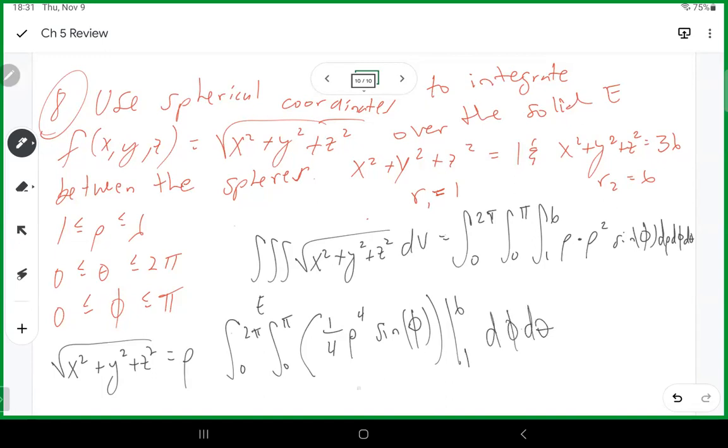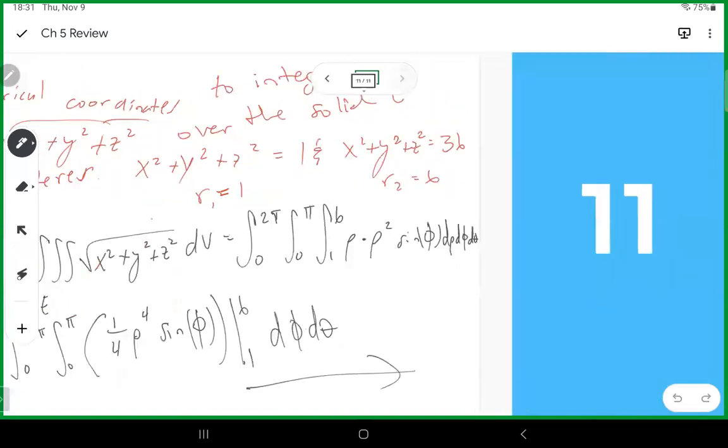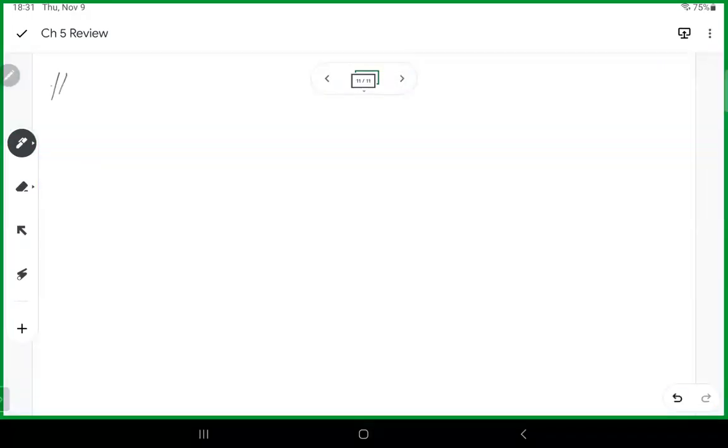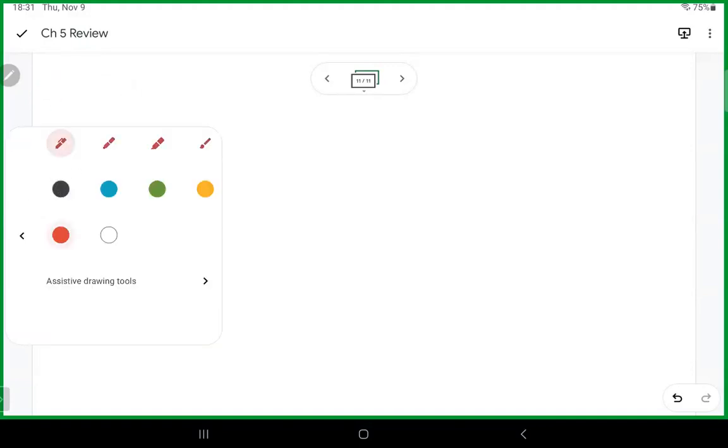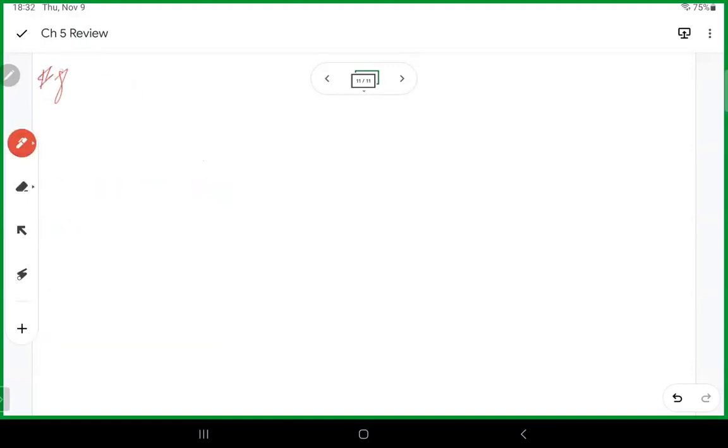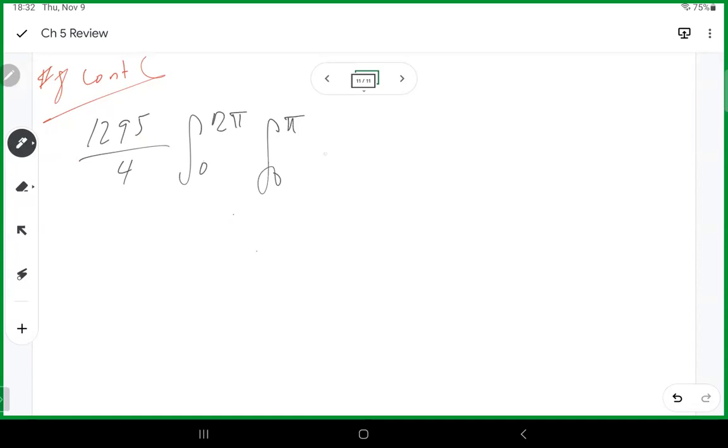So then that's going to be 1295 over 4, 0 to 2 pi, 0 to pi.